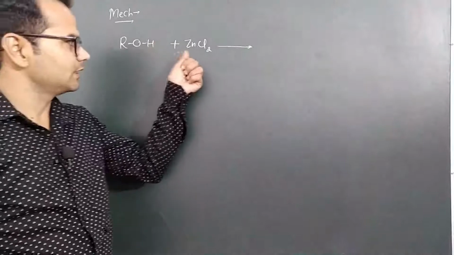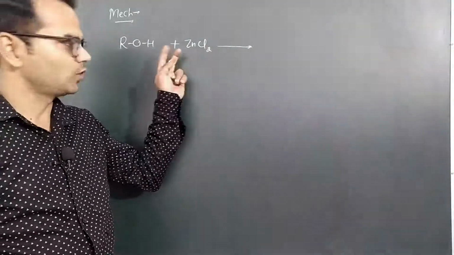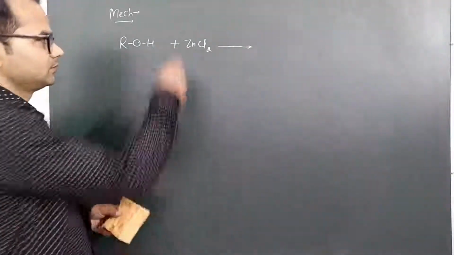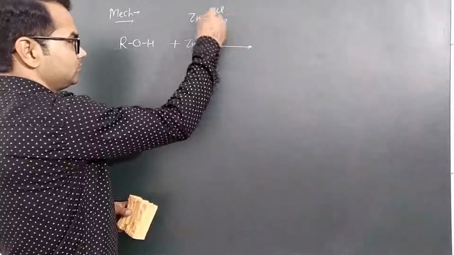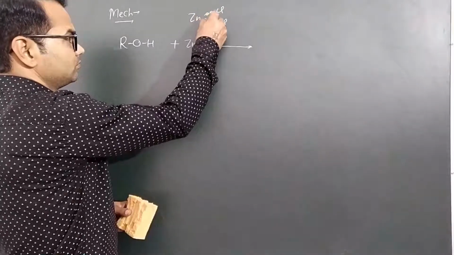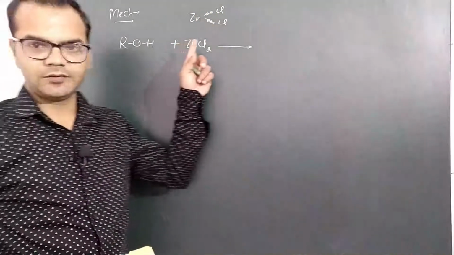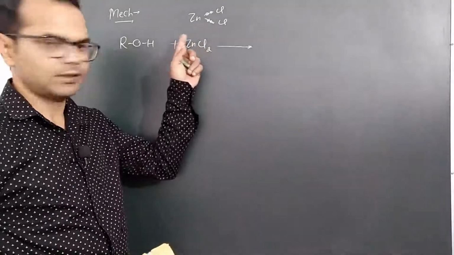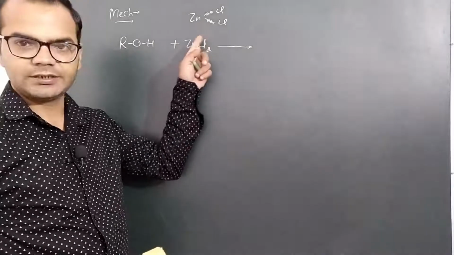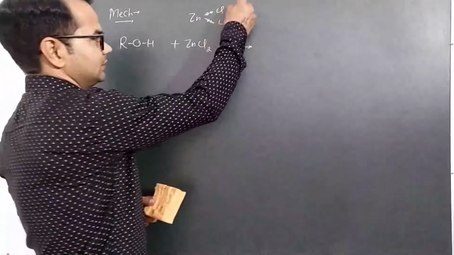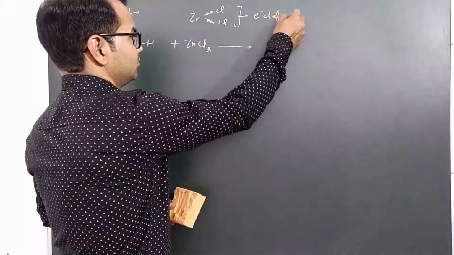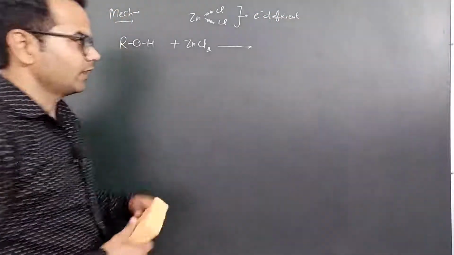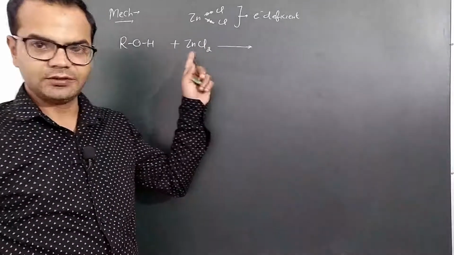If we understand the nature of bonding in zinc chloride, there are two covalent bonds. There are 4 electrons in the outermost shell of zinc, so it is an electron deficient compound. Electron deficient compounds act as a Lewis acid.